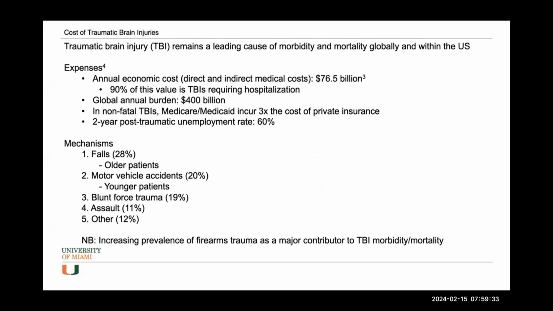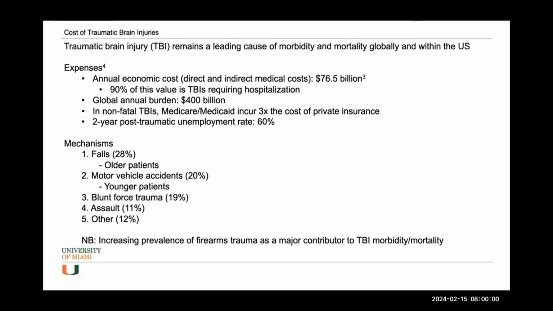When we look at that financially, annually about $77 billion is spent on TBI care, 90% of which is during hospitalization, oftentimes for a severe TBI. The global annual burden ends up being about $400 billion. And when you look at CMS data, Medicare and Medicaid incur 3 times the cost of private insurance for the care of non-fatal TBIs.